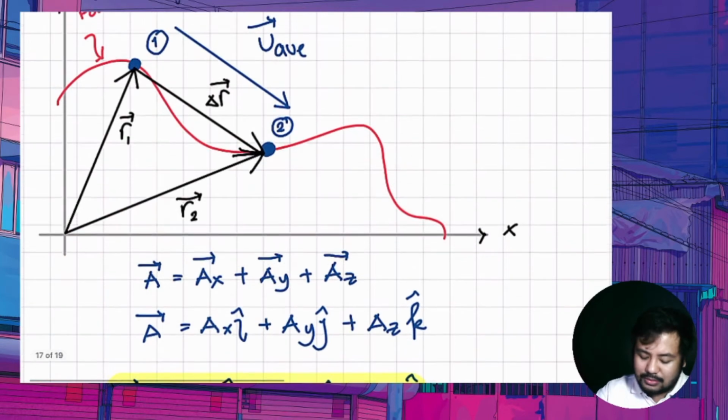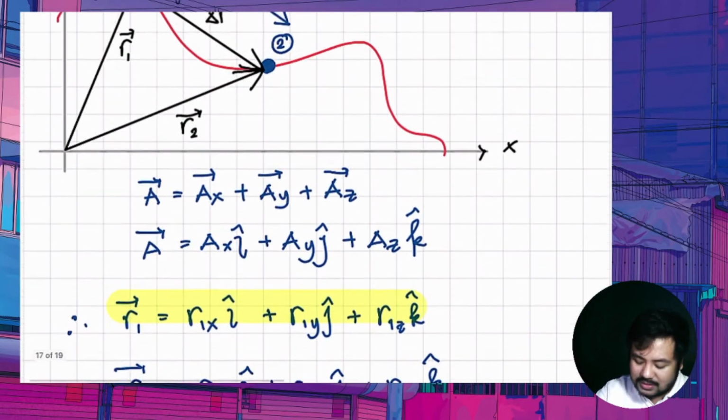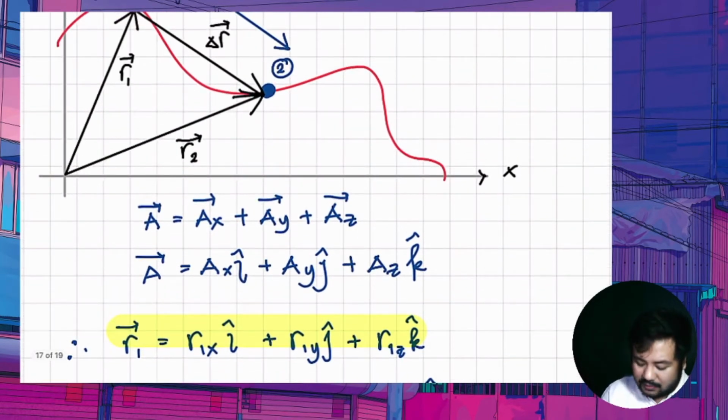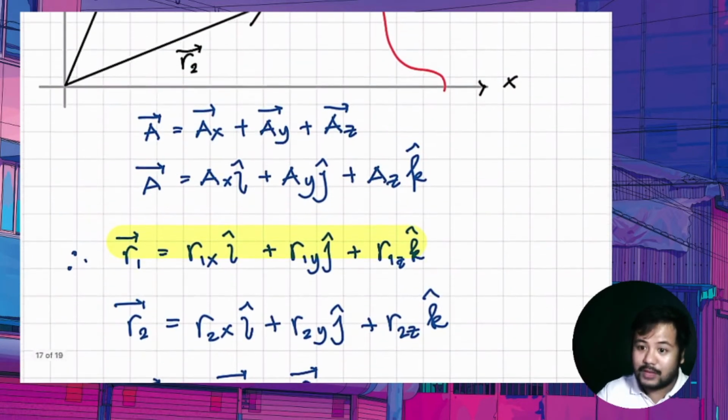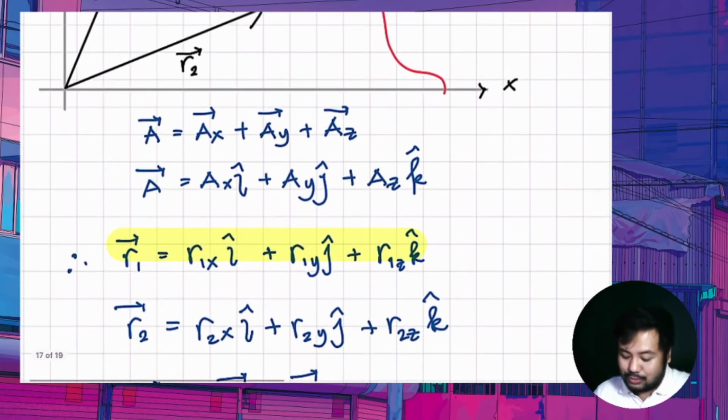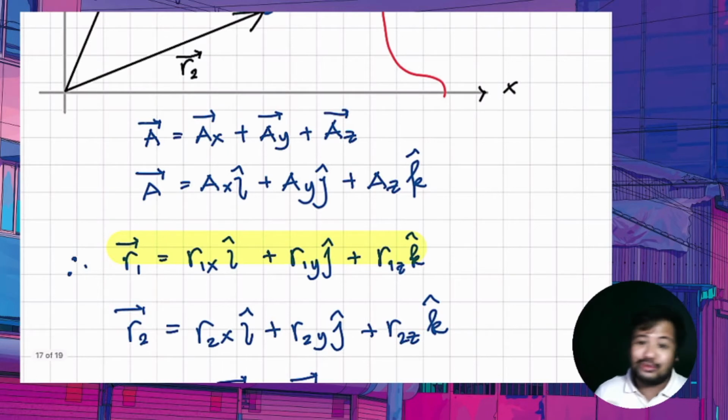So, I could denote this R1 and R2 in terms of these components also. Hence, I have R1x i hat plus R1y j hat plus R1z k hat. As well as with R2, I also have the i hat, j hat, and k hat. So, it will be very easy for us now to solve some problems, because we will not have any difficulties in dealing with these quantities.